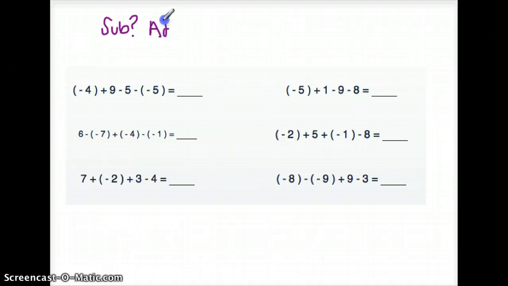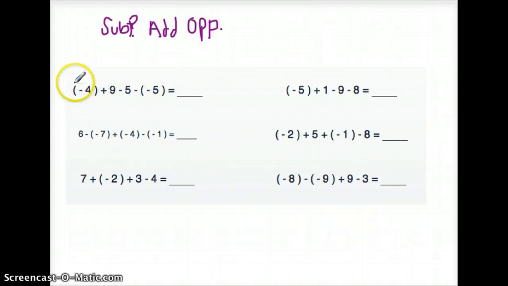And the reason for that is because we like to do adding better, and you guys typically are better at adding. So we're going to take and flip-flop the subtracting to adding, and because we're flip-flopping that, we have to flip-flop and take the opposite of the following number.